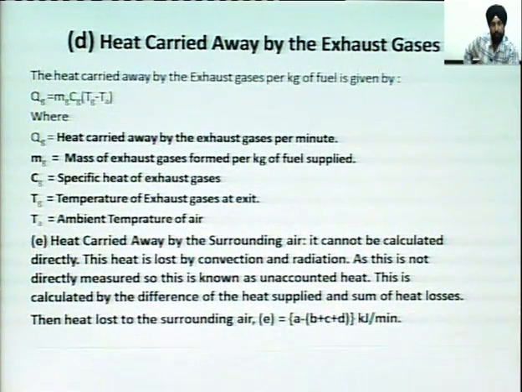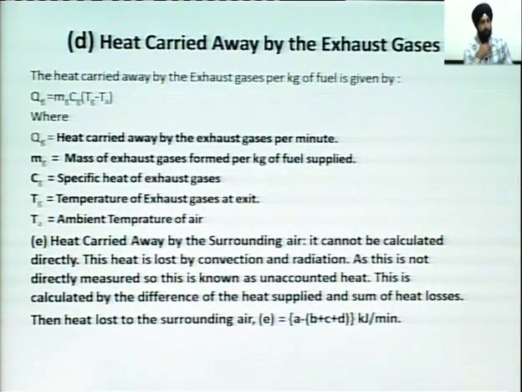It is set equal to this relation where Tg and Ta are the temperature of exhaust gases at exit and the temperature of the surrounding air. We know that the temperature of fuel and surrounding air are almost equal, or the difference may be slight, so it is taken equal to Ta.